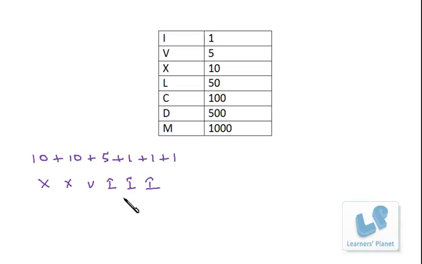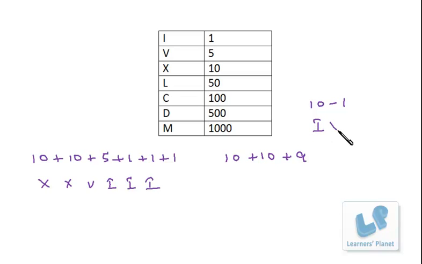Okay. Now further there's a twist. If we have to write 29, further we cannot write I for 4 times. So what I do is 10 plus 10 plus 9. Now how do I get 9? It's 10 minus 1. Now how do I write 10 minus 1?